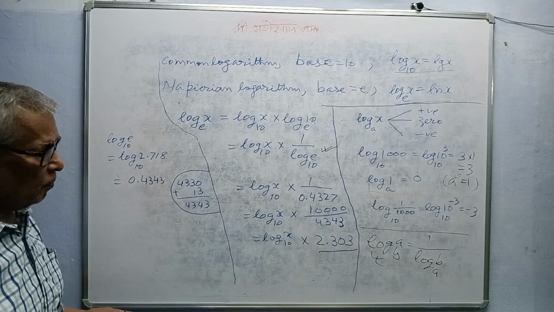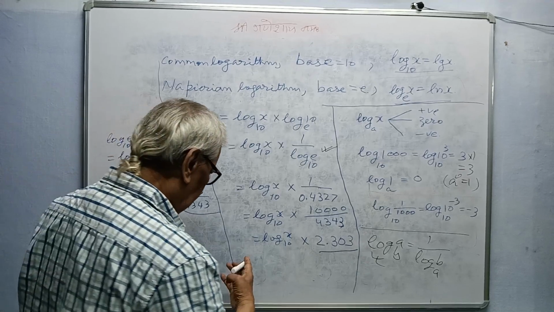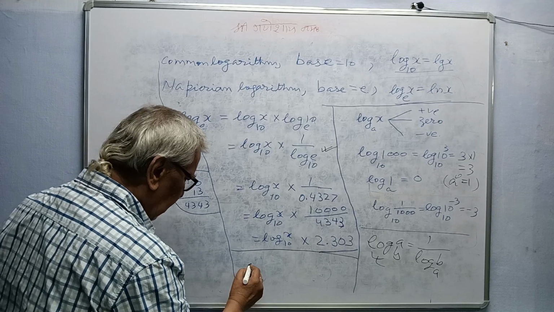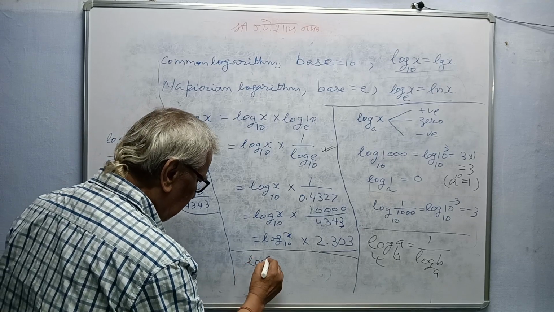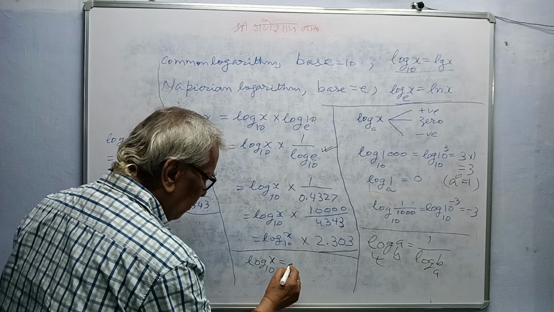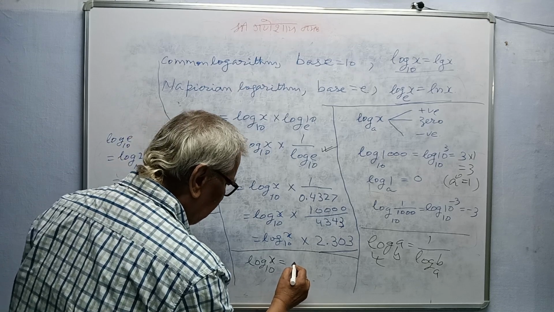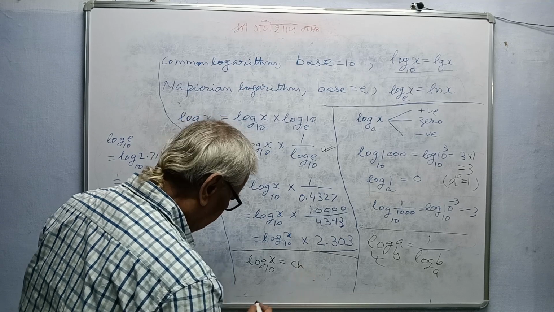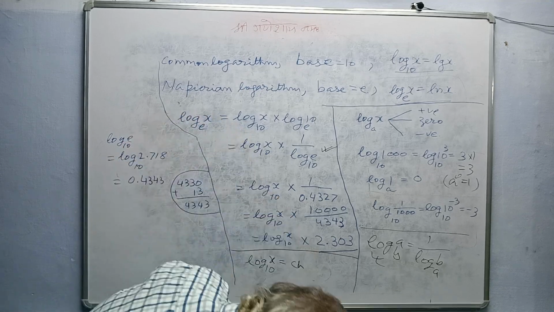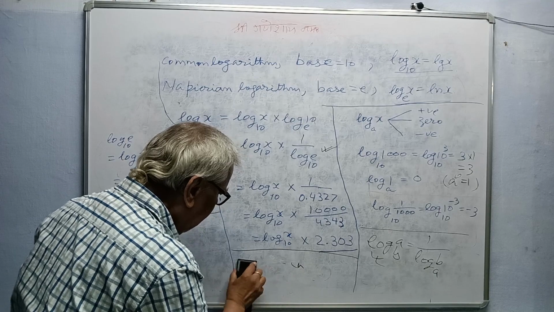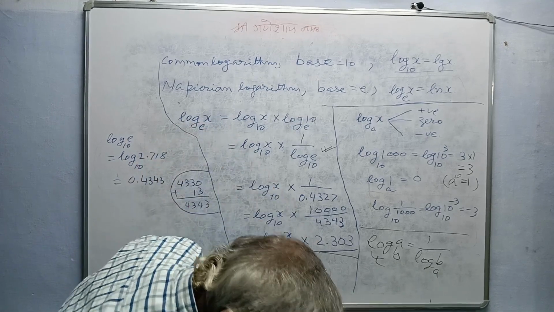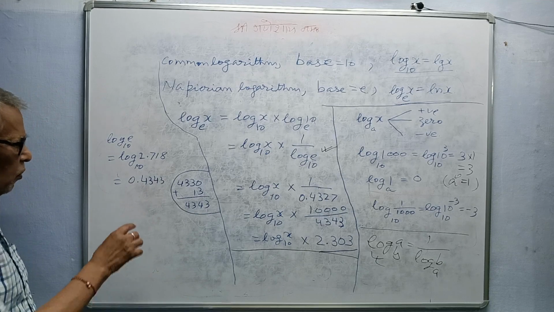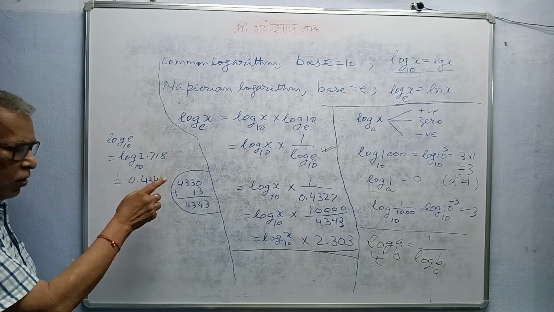Log x to the base 10 can have two parts, characteristic and mantissa. This I will explain after this. Just to know this: this is one digit, so 1 minus 1 is 0.